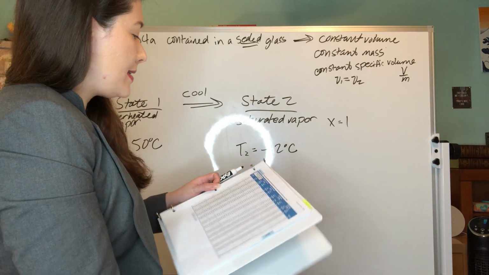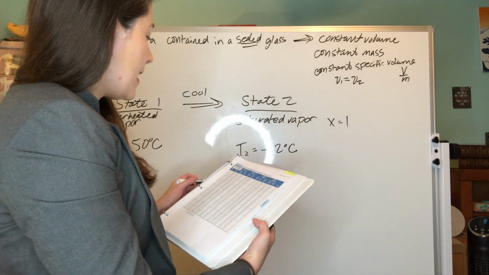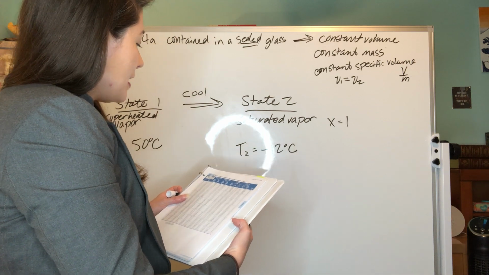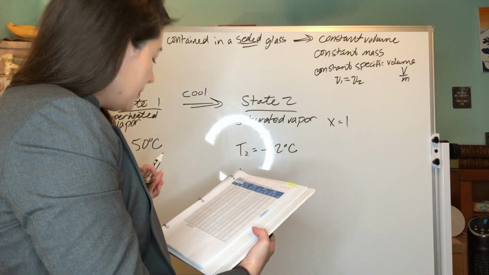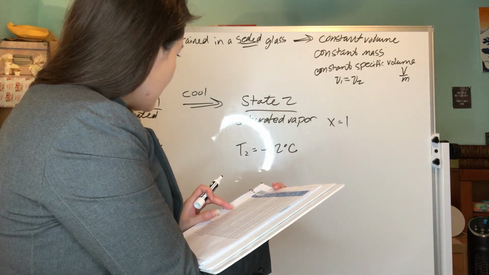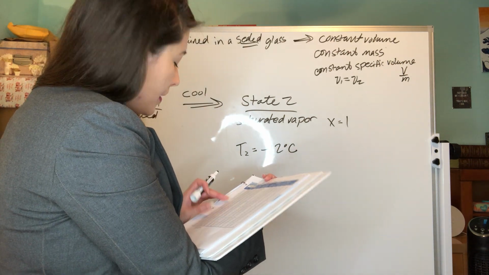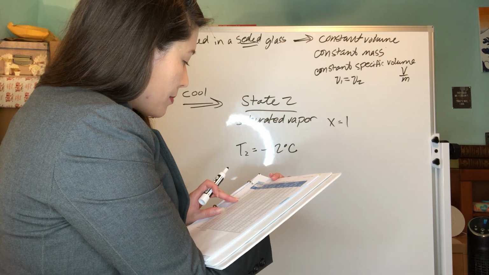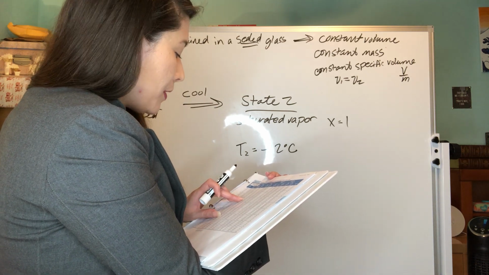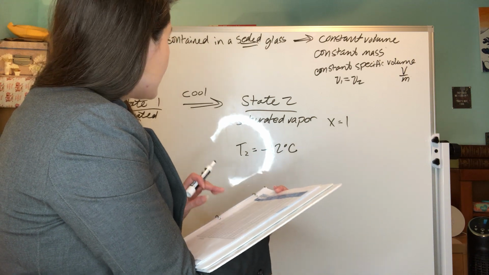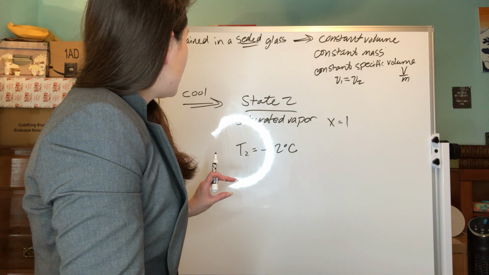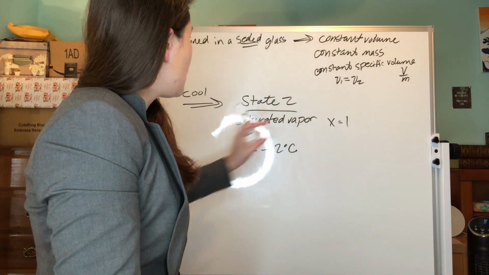Okay, so I'm looking at table A10, properties of saturated refrigerant R134A liquid-vapor mixture temperature table. So at a temperature of negative 12 degrees C, we know that our pressure is 1.85 bars, and more importantly, because this is saturated vapor, the quality is 100%.